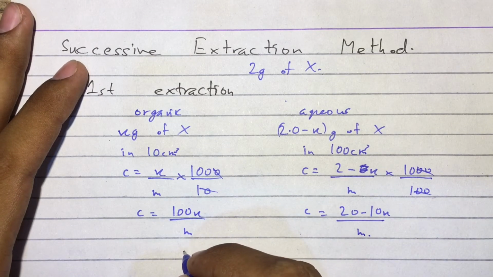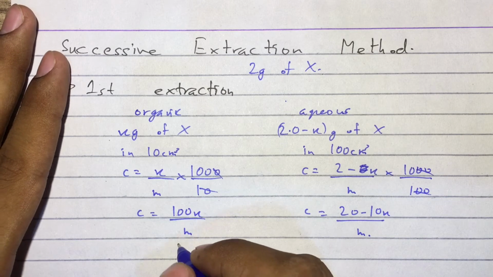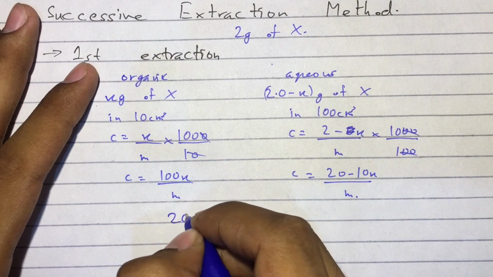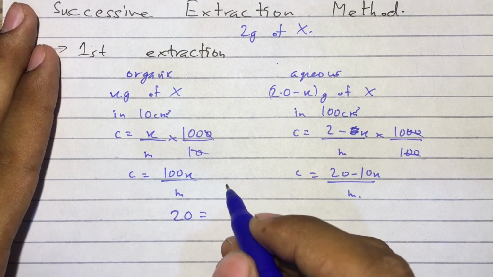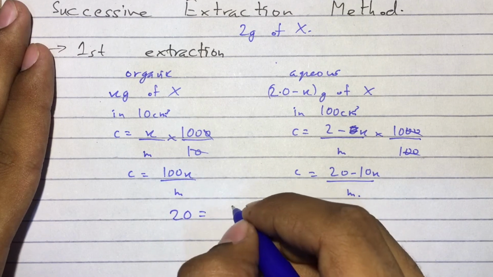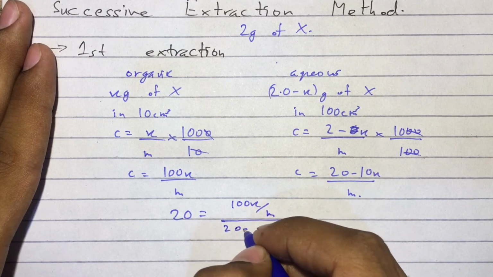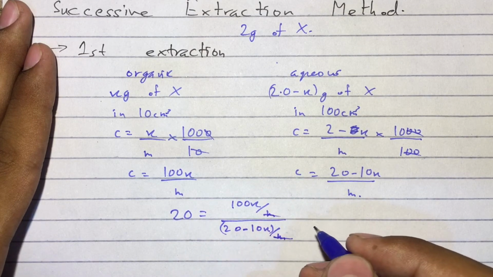The value for KPC that we found, which is a constant, the partition coefficient, was 20, which is equal to the concentration of x in the organic layer, that is 100x upon m upon 20 minus 10x upon m. So m gets cancelled.